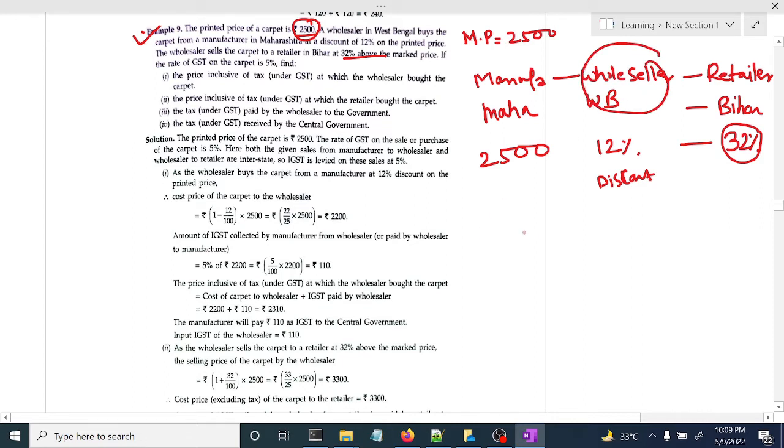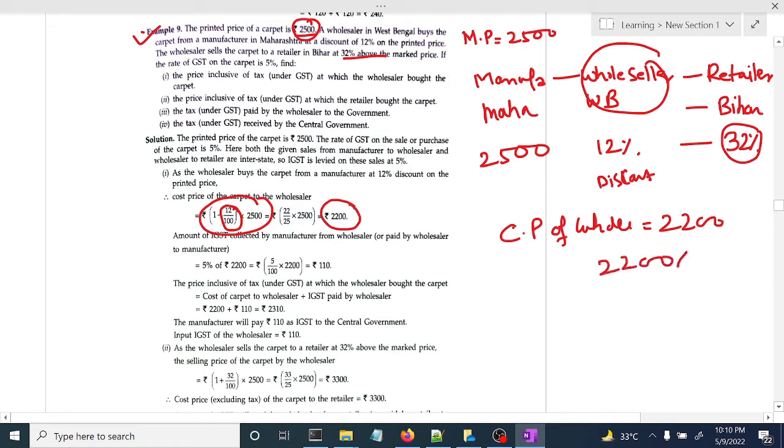So what is the price? This is the price, because he is getting a 12% discount. So this is the cost price. So the cost price of the wholesaler is 2200. In this 2200 there is a GST of 5%, that is 110.